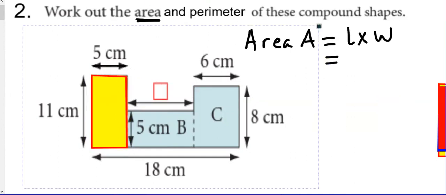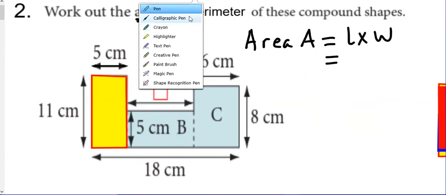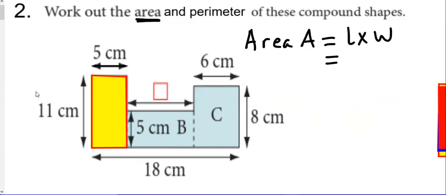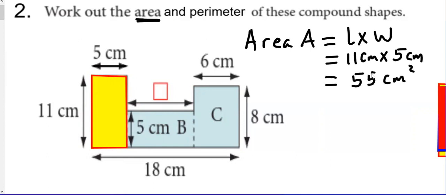So what is the length? The length of area A is 11 centimeters, multiplied by the width, which is 5 centimeters. What is 11 times 5? This is 55 centimeters square. That is your area A. So area A is done.